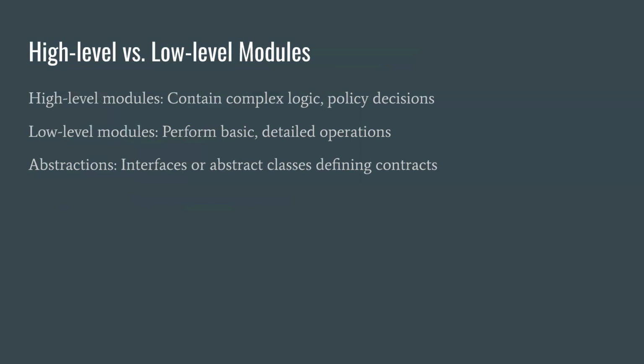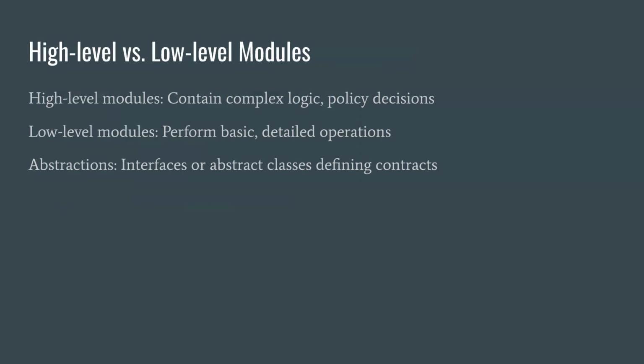In order to fully understand DIP, we need to distinguish between high-level and low-level modules. First, high-level modules contain the complex logic and some of the decisions that drive the application's functionality.